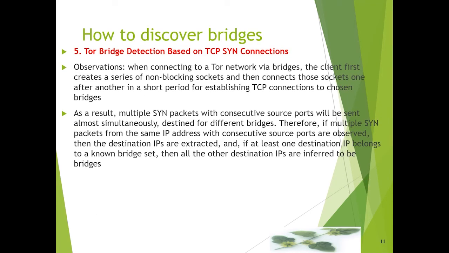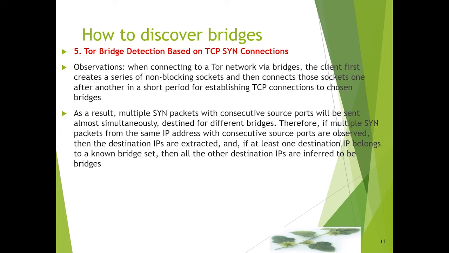When connecting to the Tor network via bridges, the client first creates a series of non-blocking sockets and then connects those sockets one after another in a short period for establishing TCP connections to chosen bridges. The chosen bridges include two parts: bridges configured by users and bridges cached by Tor software.